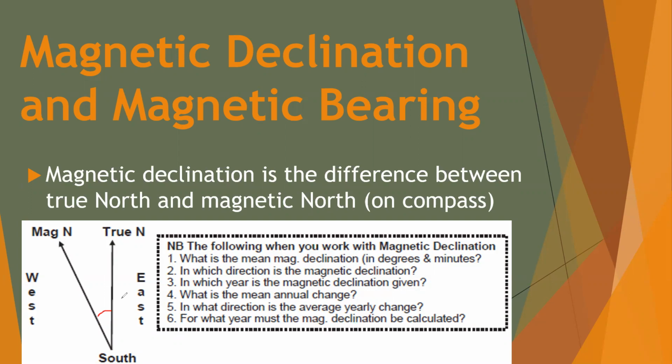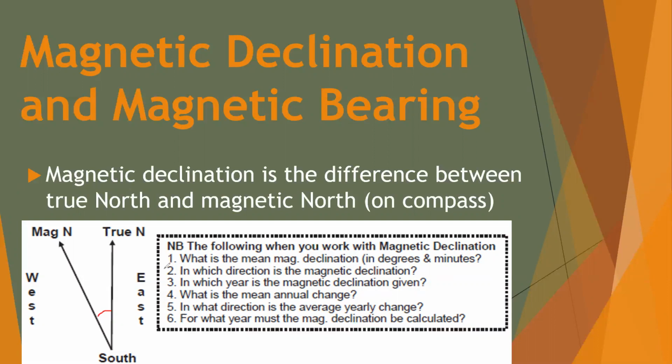So if you go to the same area a few years later, what you will find is that your current reading will differ from your previous reading. The needle will point in a slightly different direction. Therefore, to calculate your magnetic declination, it's important to take these few things into consideration. We need to know what is the mean magnetic declination.